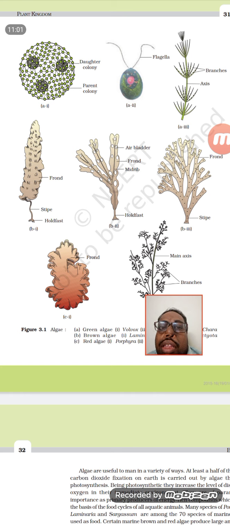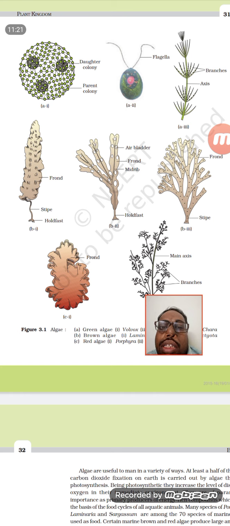And they have air bladders inside the fronds. That means the leaves are very broad in nature, and they have a midrib. They resemble the primitive form of a plant by showing this midrib, frond and air bladder, and they are brown in color.